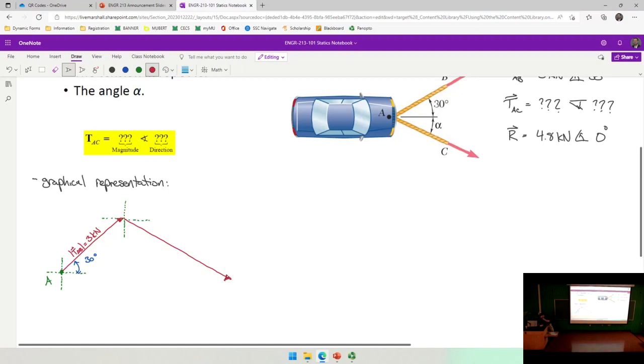Now I know that I don't know what that orientation is yet, but I know that when it's all said and done, the resultant is going to look something like this. And so the magnitude of that resultant is 4.8 kilonewtons.